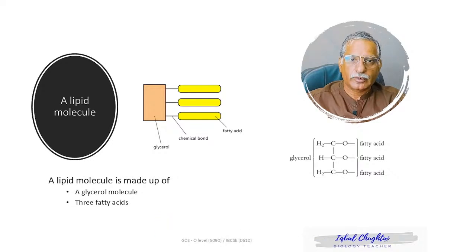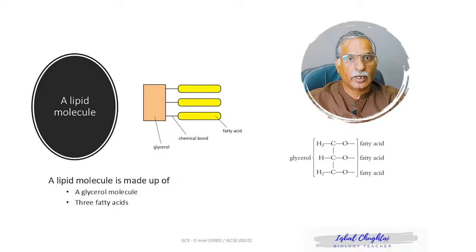Different lipids, like different oils or different fats, have different molecular structures from each other. When a lipid molecule is hydrolyzed, it will be broken down and releases three fatty acids and one glycerol.